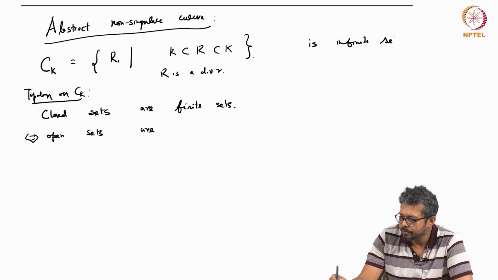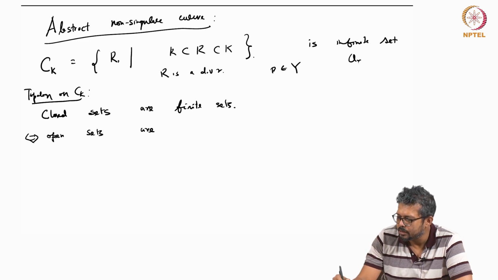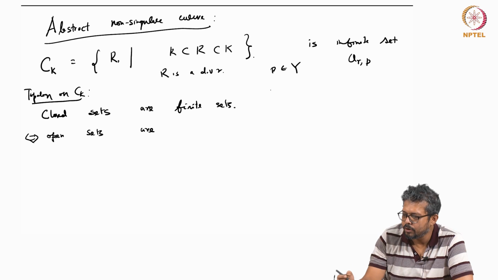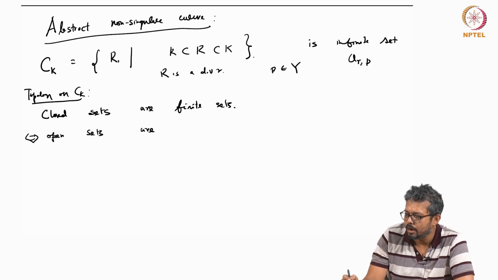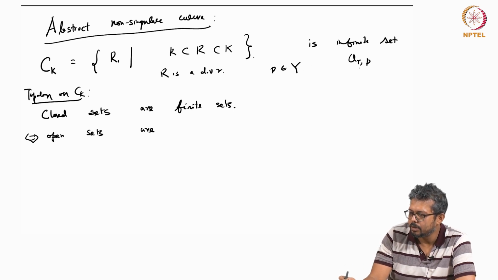This is because if I take any curve Y and a point P, then these O_{Y,P} are distinct. Over an algebraically closed field the number of points is infinite, so the number of DVRs is infinite.